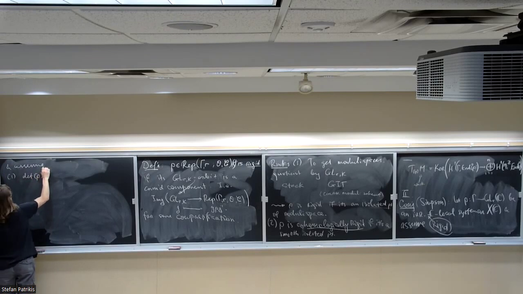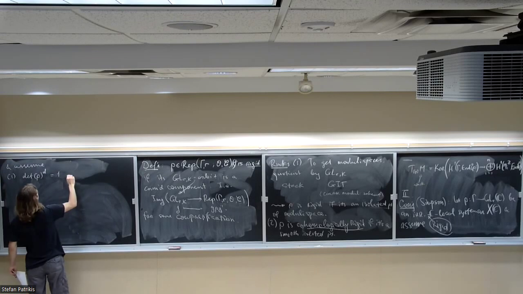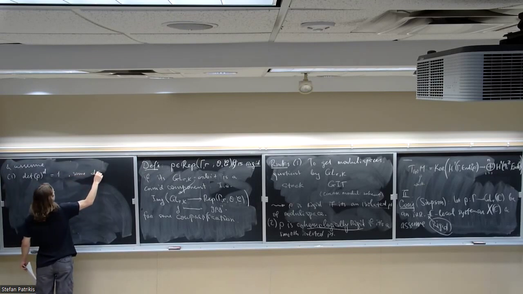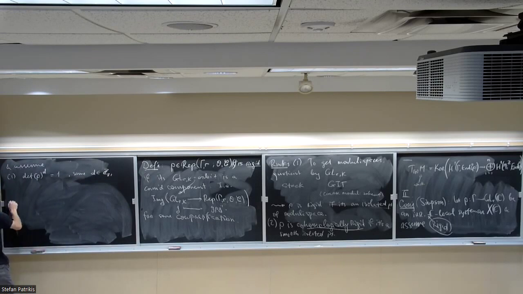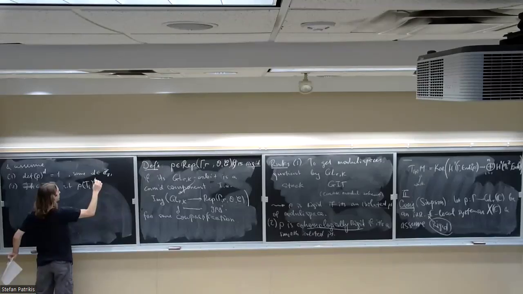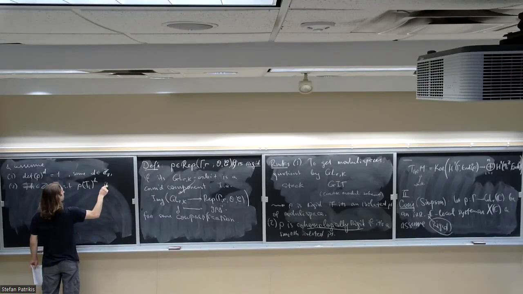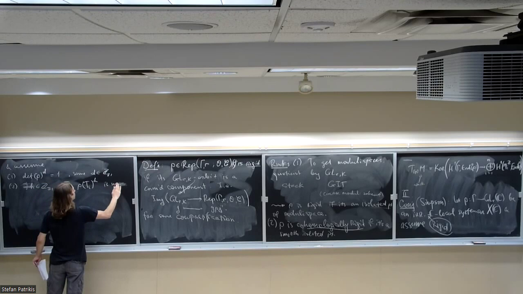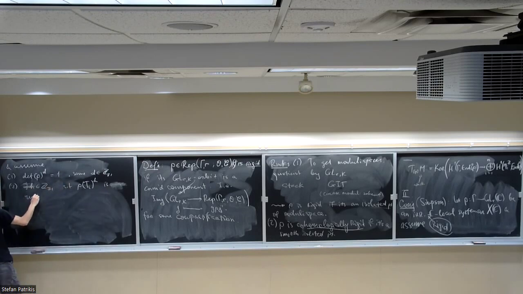So first of all, it has finite order determinant. And second of all, it has quasi-unipotent local monodromies. So let me say there exists H, a positive integer, such that all of these local monodromies to the H power are unipotent. Okay.